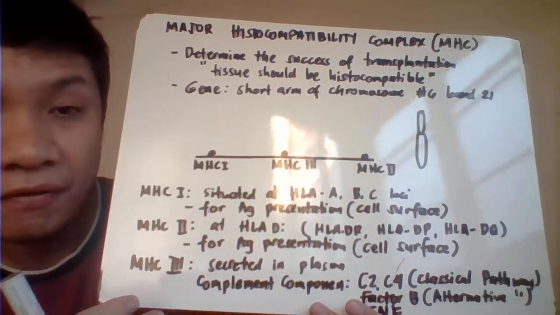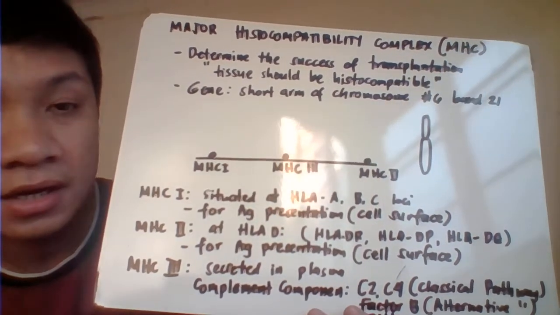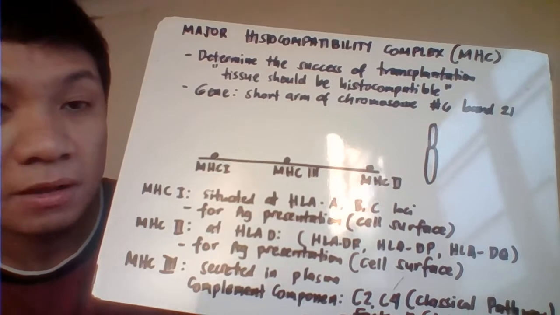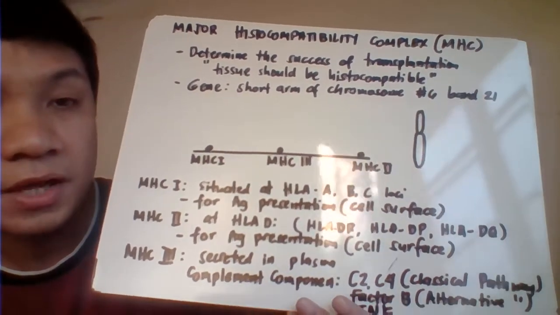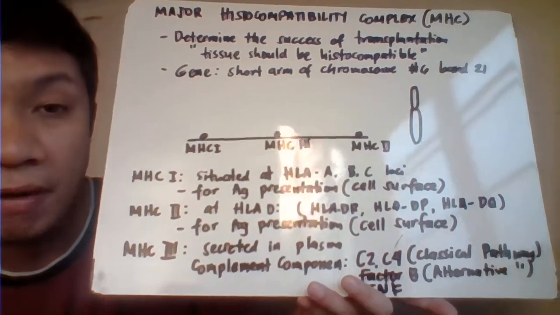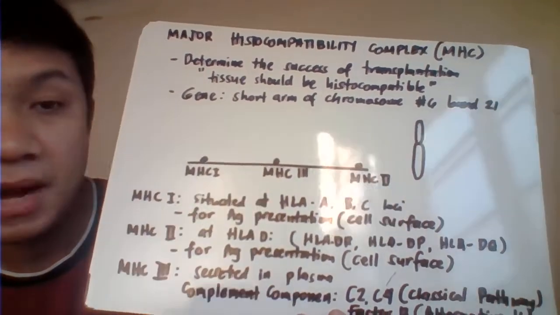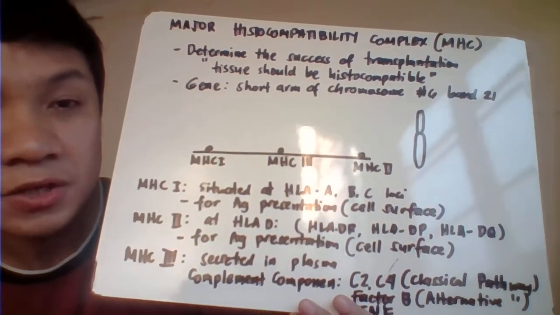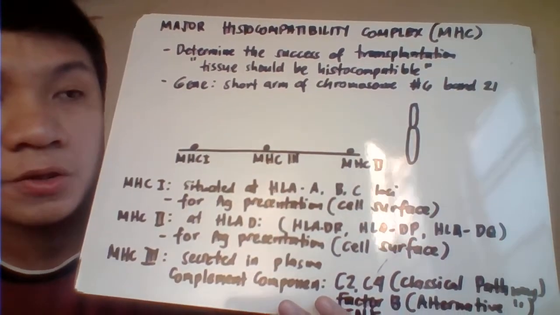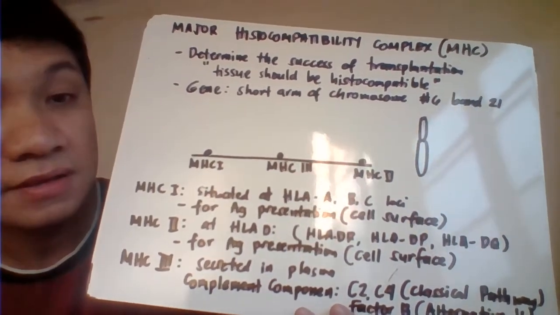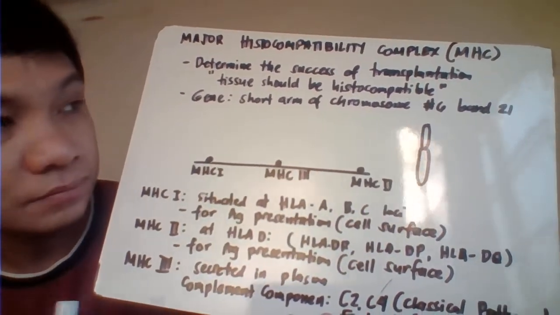Okay, so in order for the recipient and the donor here to be compatible with one another, then you need to have a compatible MHC or the human leukocyte antigen. That's why it is called the major histocompatibility complex, because again, the transplanted tissue from your donor to your recipient should be histocompatible in order for you to have your successful na transplantation.